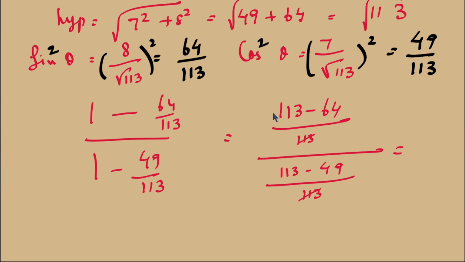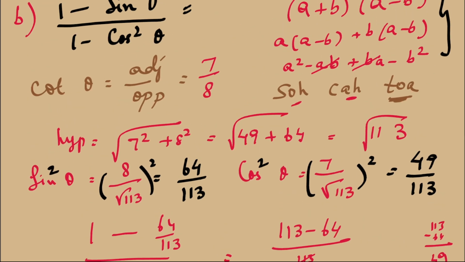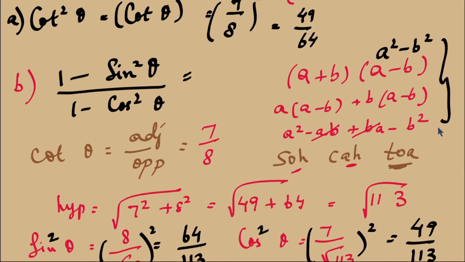What is 113 minus 64? 13 minus 4 is 9, 10 minus 6 is 4, so it is 49. And of course you can guess 113 minus 49 is going to be 64. So what we finally get is 49 by 64. This is what 1 minus sine squared theta by 1 minus cos squared theta comes to.